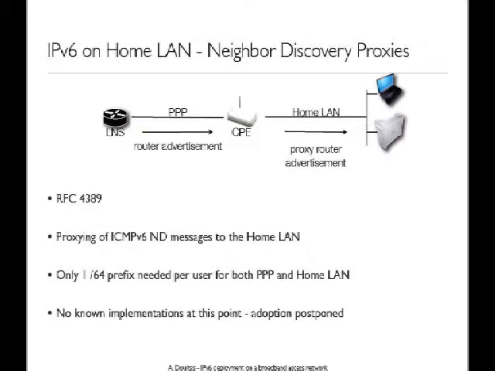So this is pretty good because only one /64, so we make a prefix economy at this point. But we're not aware of any CPEs that implement this feature at this point. So the usage of this feature is deferred for the future, unfortunately.